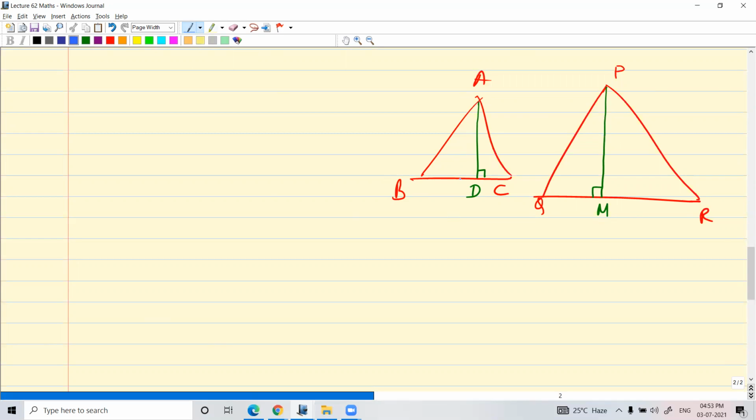Median will be exactly at the midpoint over here. If I join, let's join this as E. Let's say this is N.